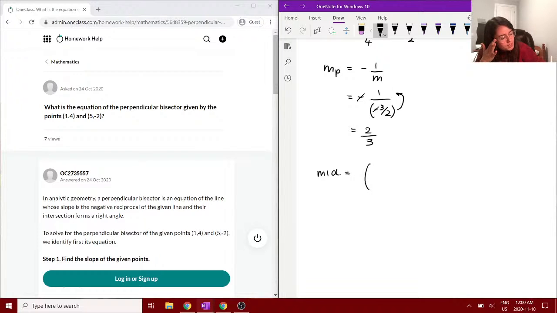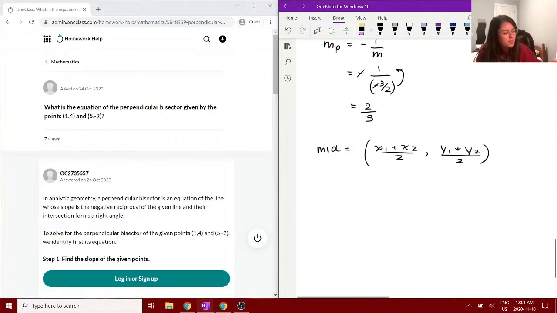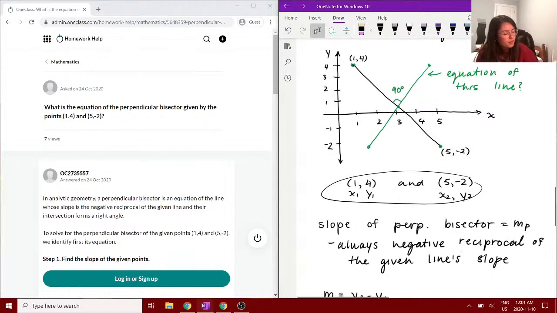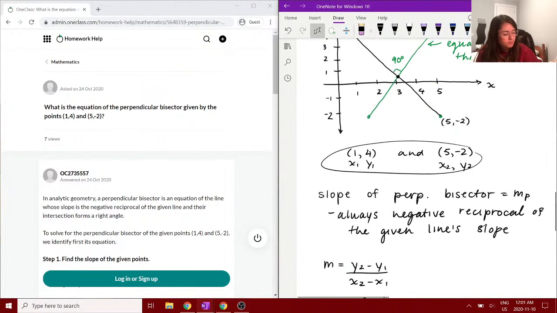We are going to take the average of both the x points, so x1 plus x2 divided by 2, and both of the y points. All right, so this represents the midpoint of the x values, midpoint of the y values, or just the average of the x values and the average of the y values. And that will give you this point right in the middle that both lines share.